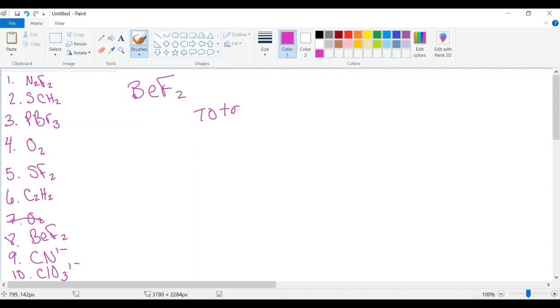So I start by saying, how many total valence electrons do I have? So I look at my periodic table and I find beryllium has got, oh, you know what? This is actually an ionic compound. So I am going to skip this one because this should be ionic, because this is a metal and this is a non-metal.